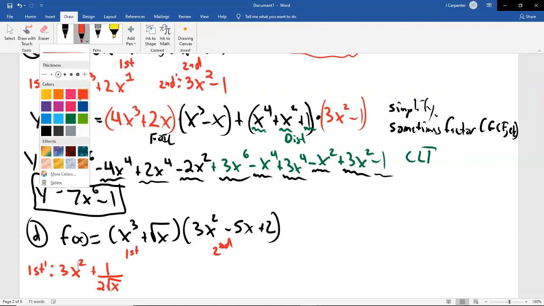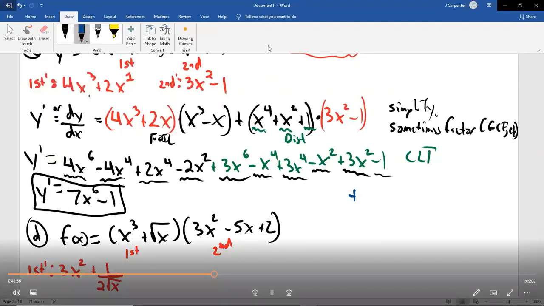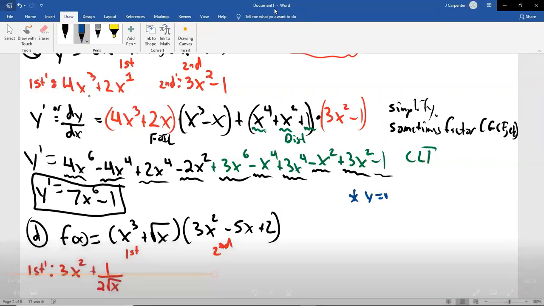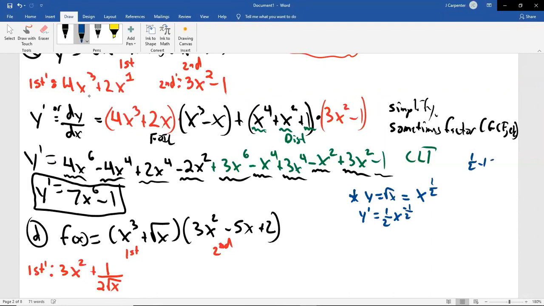If you need to see that one more time, I'll do that over here. If y equals the square root of x, which is x to the 1/2, then y prime would be 1/2 times x to the negative 1/2, because you're doing 1/2 minus 1, which is 1/2 minus 2 over 2, which is negative 1/2. But you don't like negative exponents, so you bring it to the bottom.